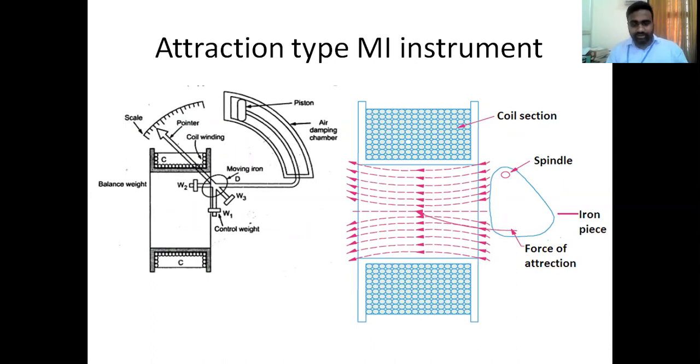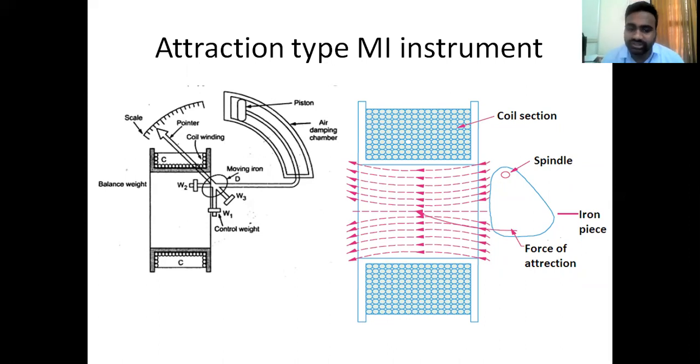In magnetism, there are two types of forces: the attraction force and the repulsion force. So we categorize MI instruments accordingly. In the attraction type, the moving iron is attracted towards the magnetic field, and that's why we call it an attraction type MI instrument.